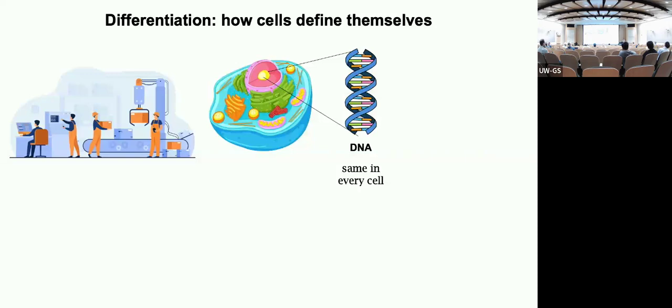This is developmental biology 101, or just general biology. Inside of every single cell of an organism, there exists the same DNA. The blueprint that is the instruction manual for making any given organism is the same in every single cell.